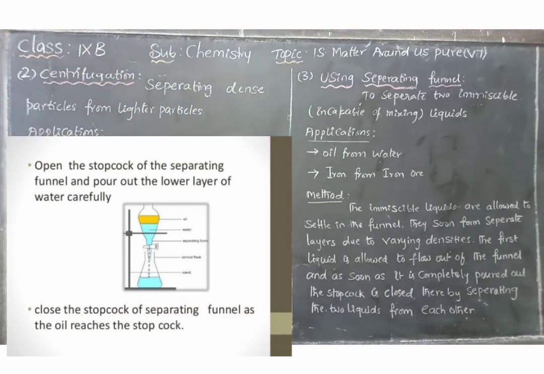For any two liquids, the lesser density one occupies the topmost layer compared to the higher density one. By the separating funnel method we can separate oil from water, and iron particles can be removed from iron ore.